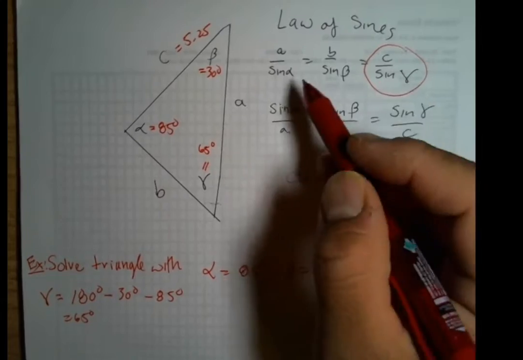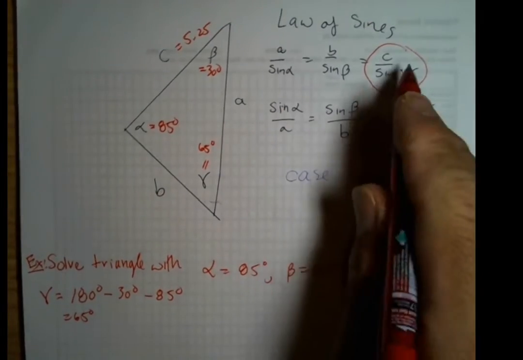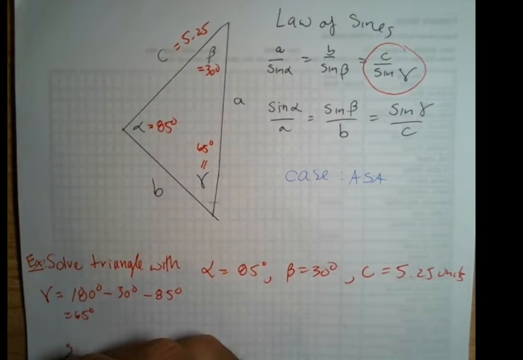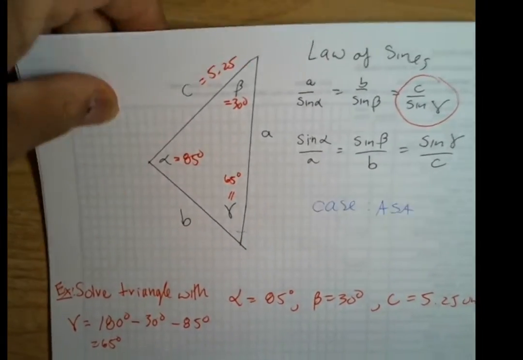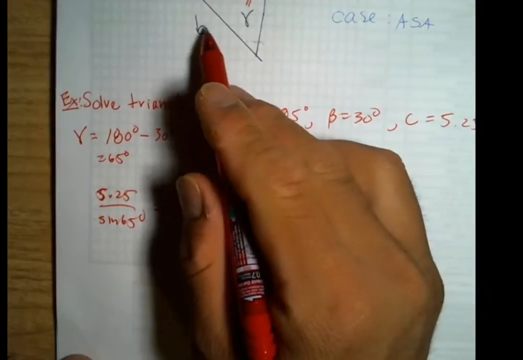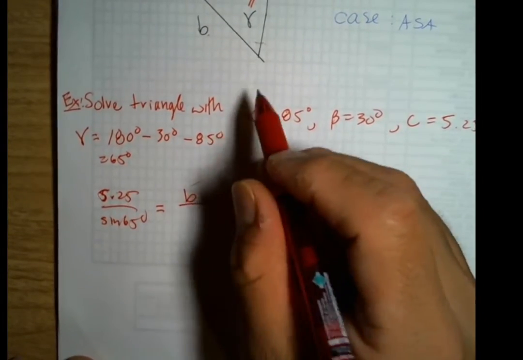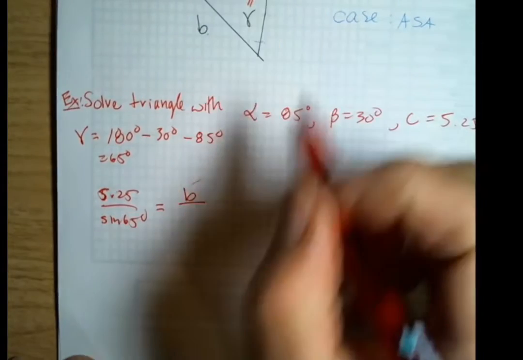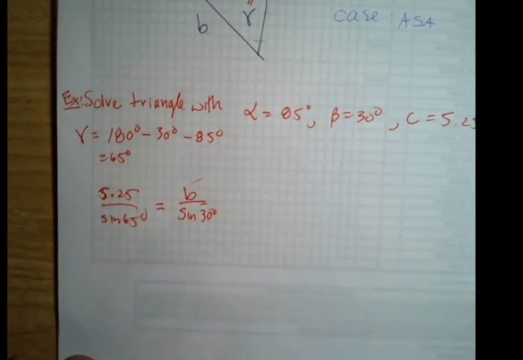Okay. So now we can use this ratio, C, or this one, they're equivalent, to solve for A and B. I'm going to start with C being 5.25 over sine of 65 degrees, and I'll set that equal to, let's solve for B, B, and the corresponding angle is 30 degrees, sine of 30 degrees.